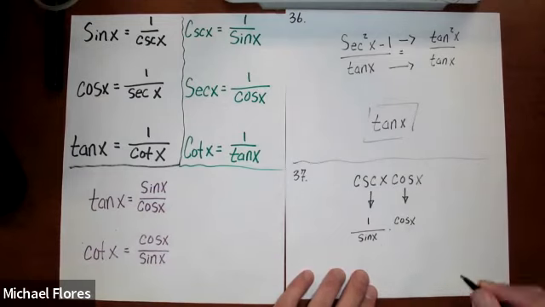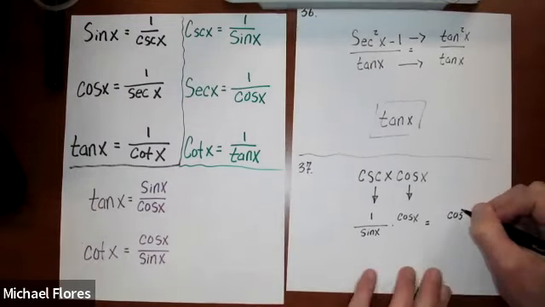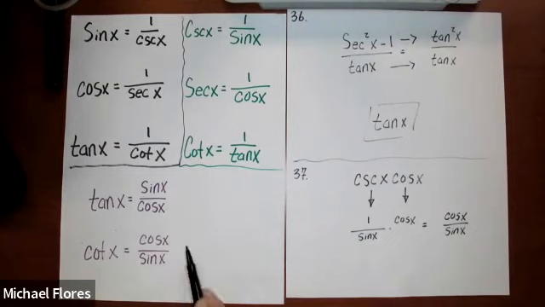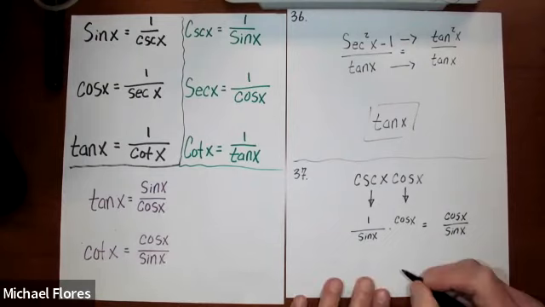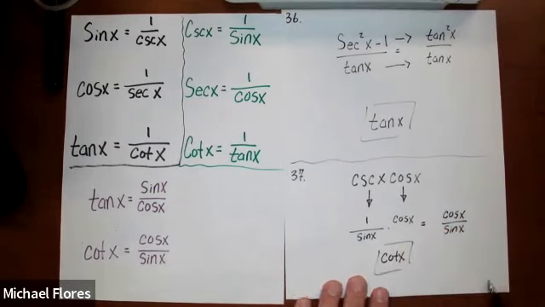If we multiply these two terms together, we would get cosine over sine. And as you can see right here, that's the quotient identity. Cosine over sine is the exact same thing as cotangent. Cotangent of x. Final answer.